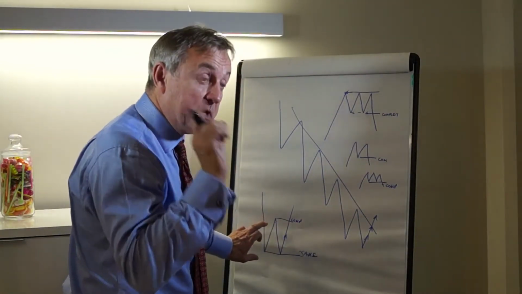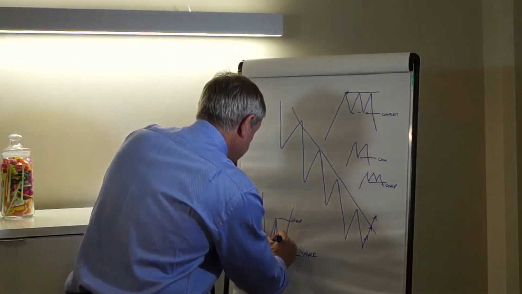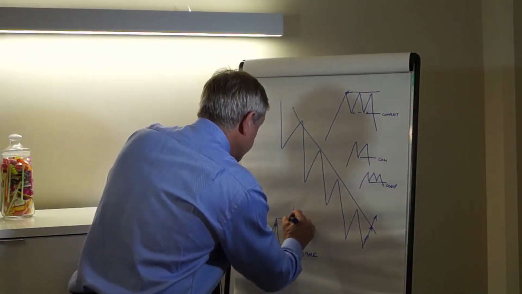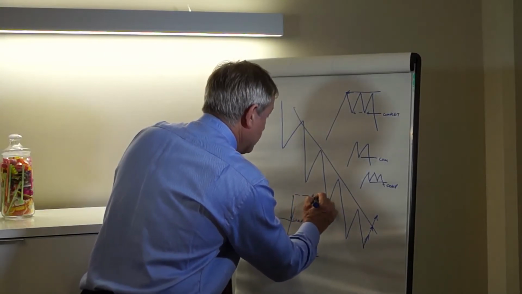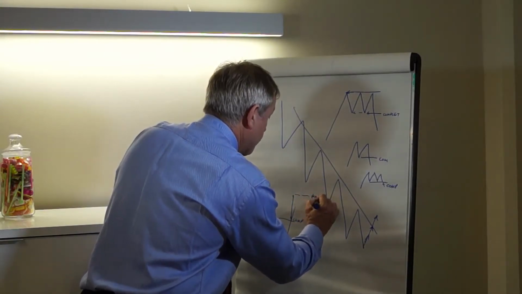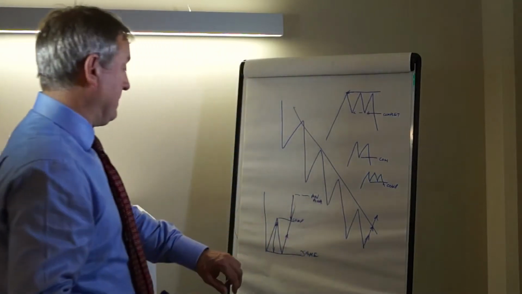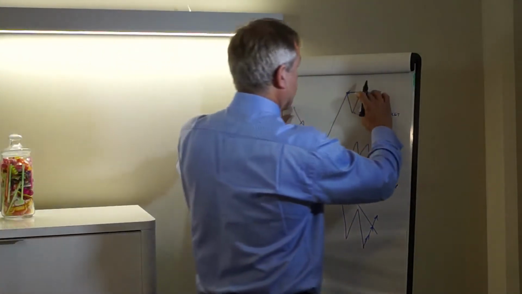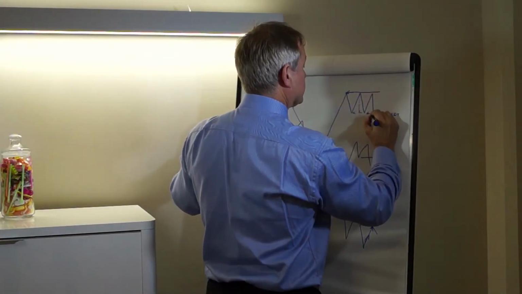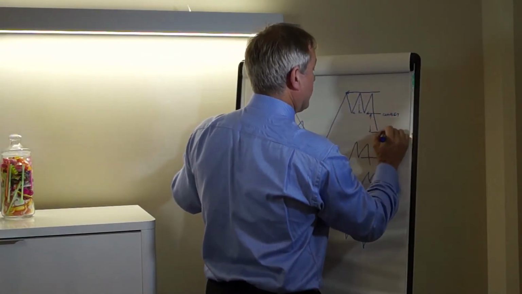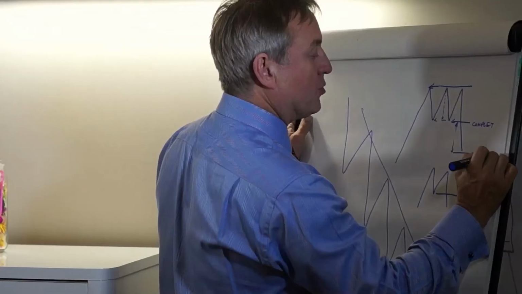Where is the target? The minimum move. We measure this height here and extend it above the completion level. And that is the minimum move. With the top formation, with a triple top, the minimum move is this: height extended down here.